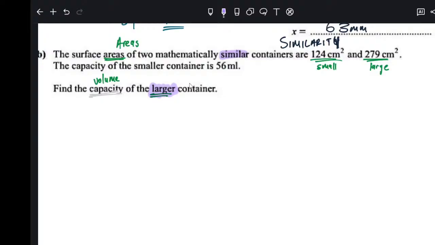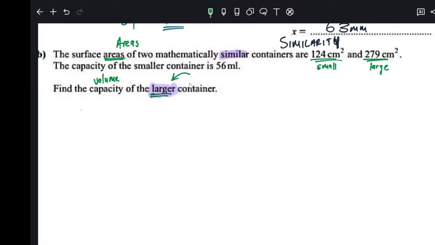But now you want to know, am I going to say area of large times area factor is equal to area of small? Or am I going to say area of small times area factor is equal to area of large? What do I do? You see who has something missing. Here the larger container has a missing volume. So he will be the one that goes alone.